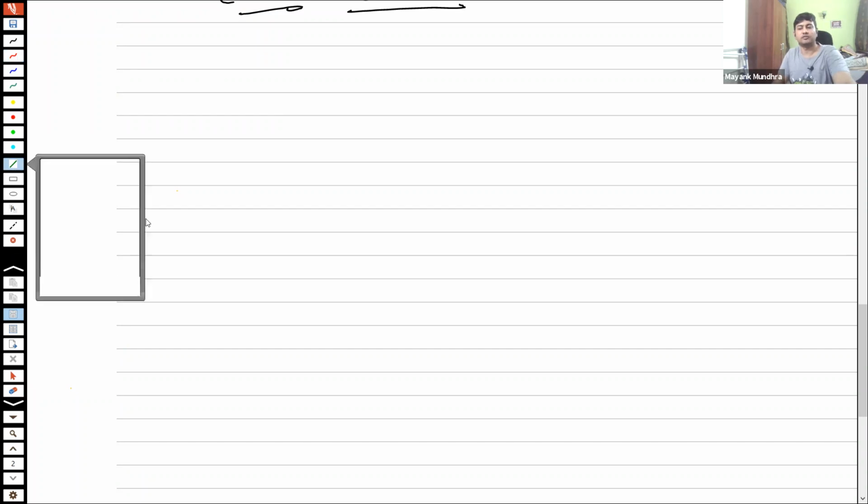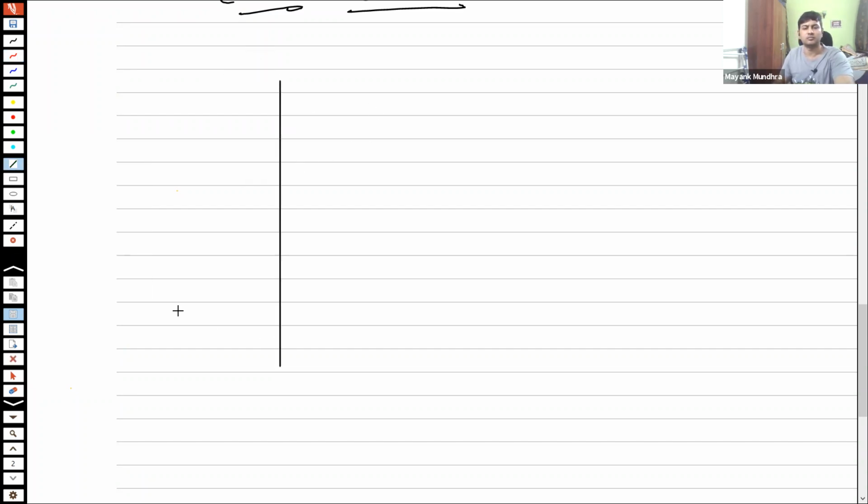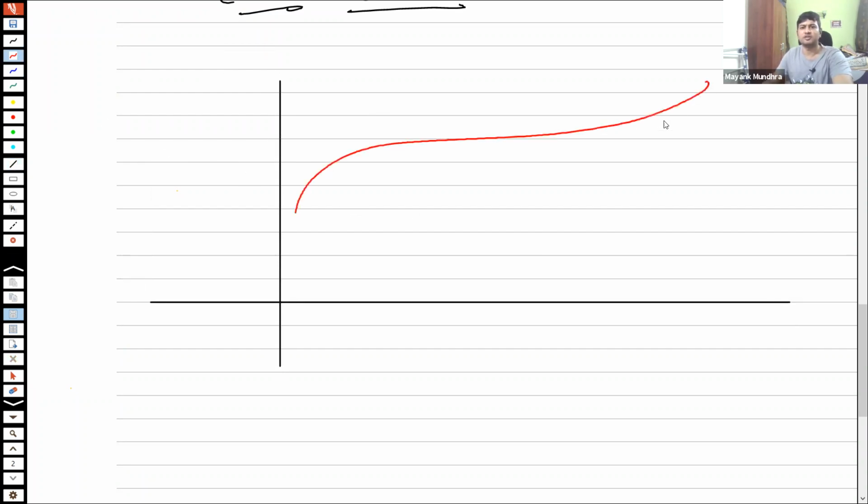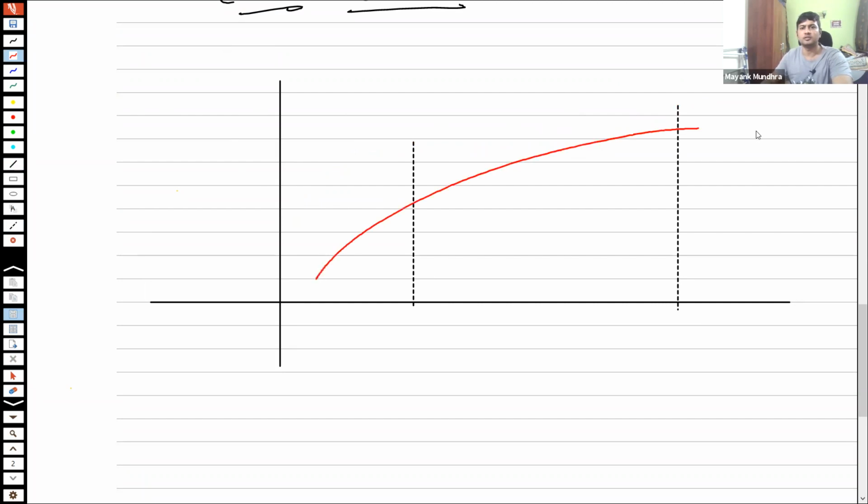Let me draw a graph. Suppose this is my function f of x, and you want to find the area contained between these two limits. Let me draw another. So this is a better function f of x. So I want to find this area basically.